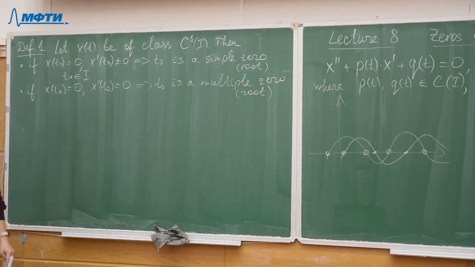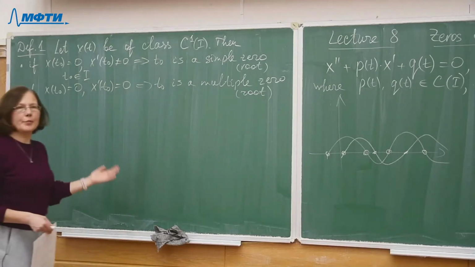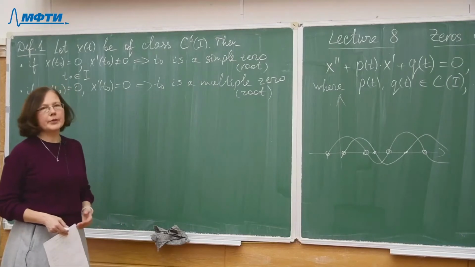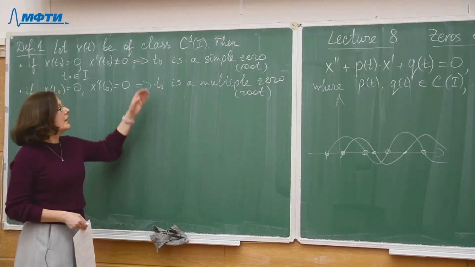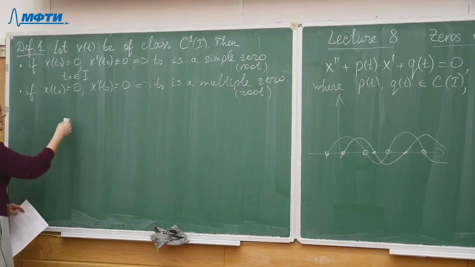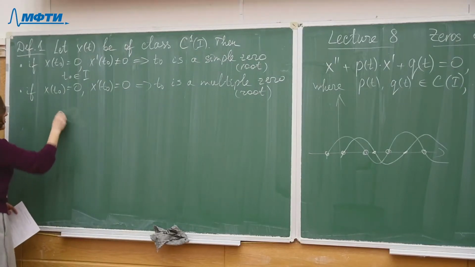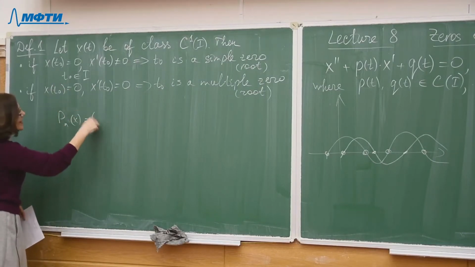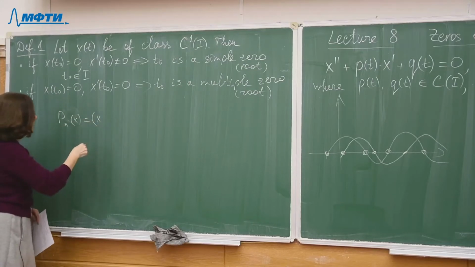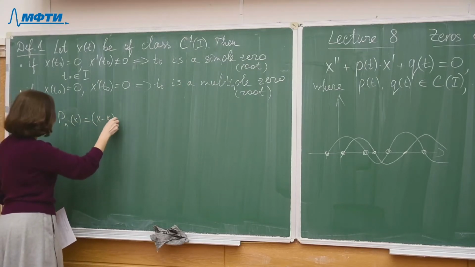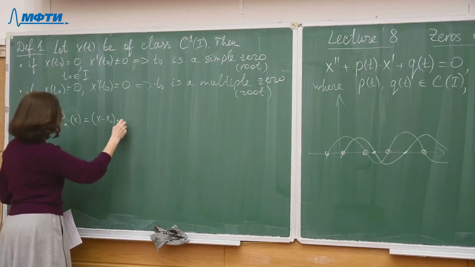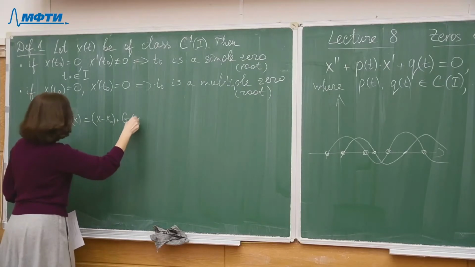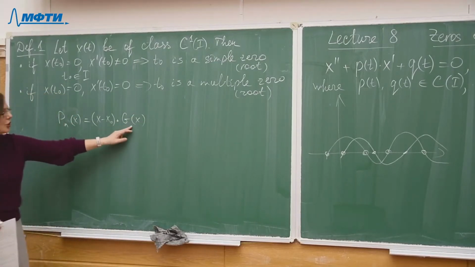So this definition is consistent with the definition of simple and multiple roots in the theory of polynomials, right? For polynomials, similarly, we know that if Pn of x is a polynomial, then x0 is a simple root if P of x can be represented as the product x minus x0 times a polynomial g of x, such that g of x0 is not 0.